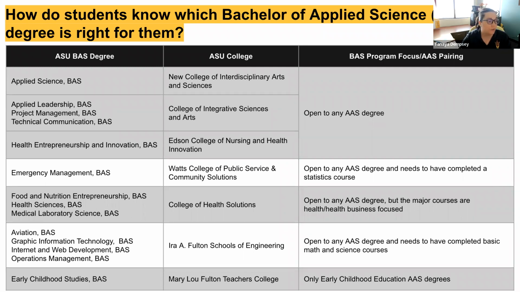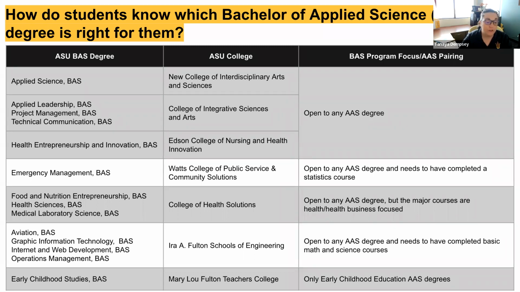So you'll see the first three rows here show the AAS degree, and then what kind of pairing or BAS program focus there is. So there's at least 4 BAS degrees at ASU that say we will take any student from any completed associate of applied science. They're going to still be successful as they move into that BAS degree.